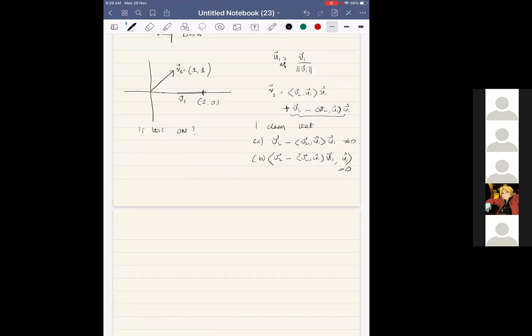Okay, so let me draw this. So this is U1. The length of V1 was 2 in this case. So when I divide V1 by its length, I get basically the vector (1, 0). So what I have done is I have written V2 as a sum of a vector in the direction along U1 and in the direction perpendicular to it.